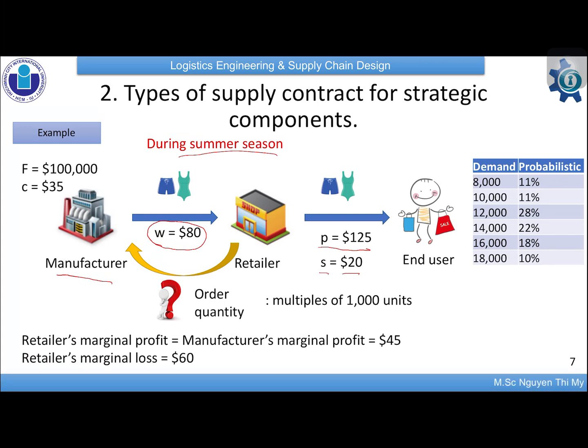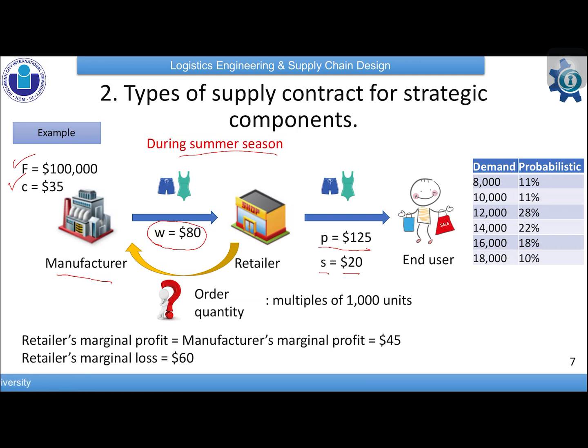And we know that the fixed cost of the manufacturer is $100,000, and the variable cost per unit is $35 for the manufacturer.